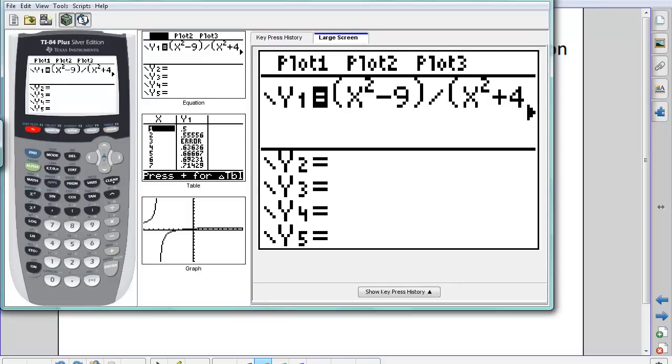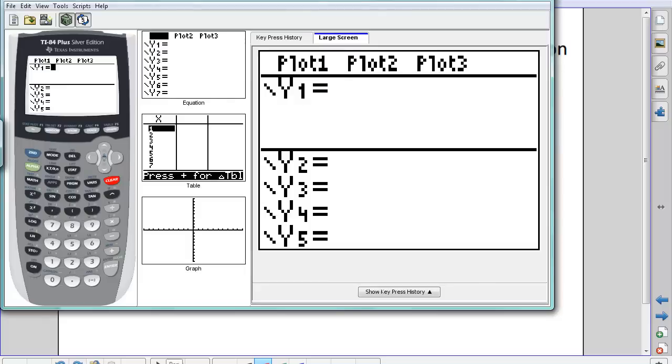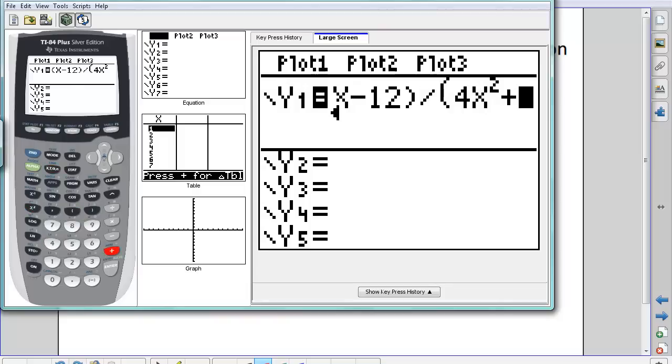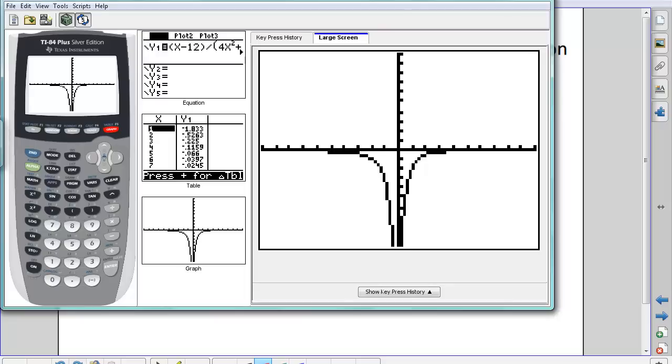Let's just quickly punch this in here and look at the graph. x minus 12 divided by 4x squared plus x plus 1. What you want to see: the line y equals 0 is the x-axis, that horizontal line right here.